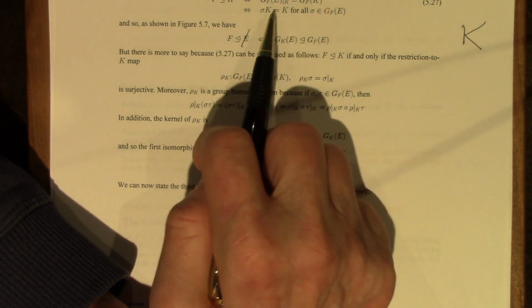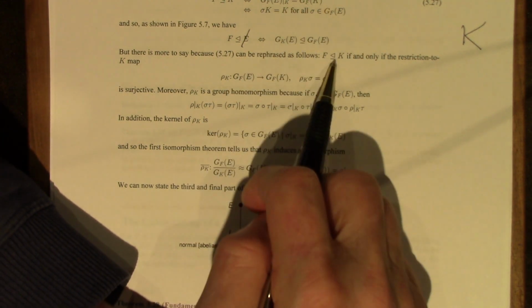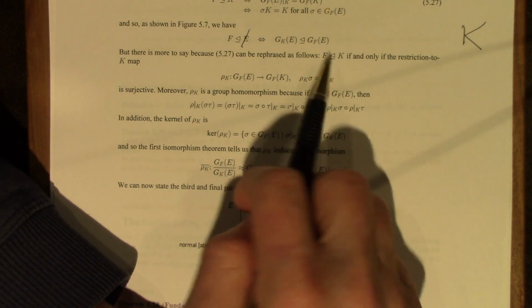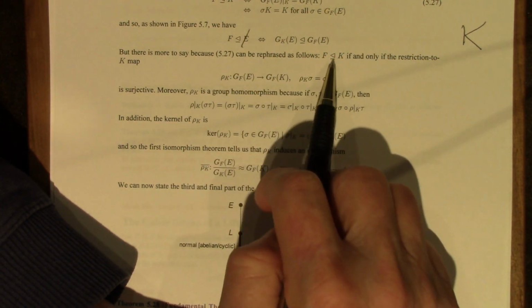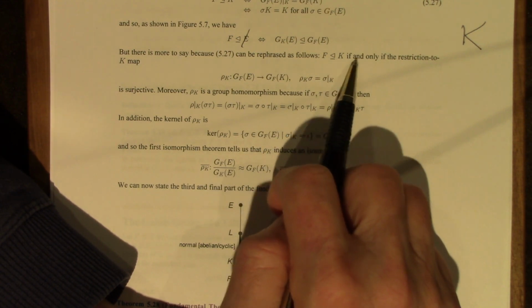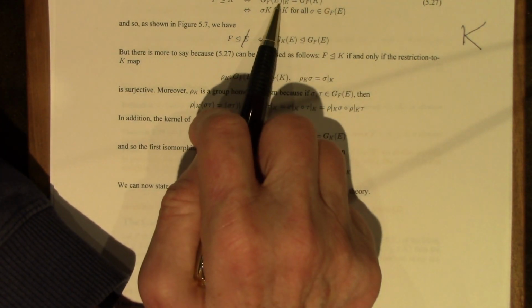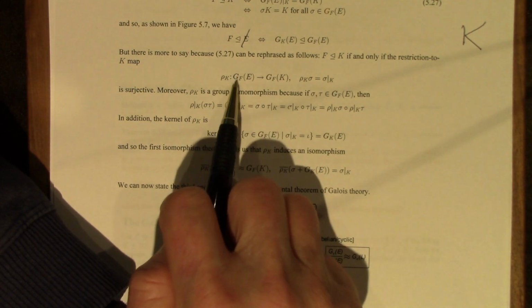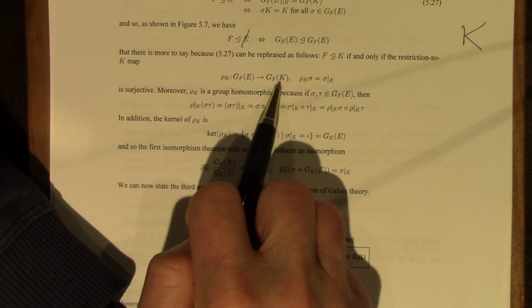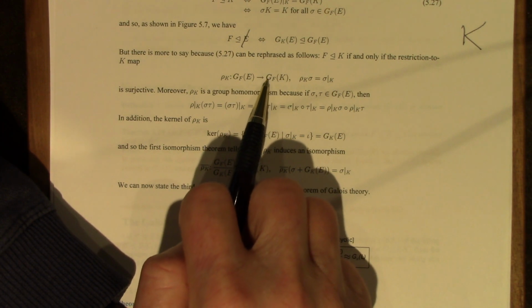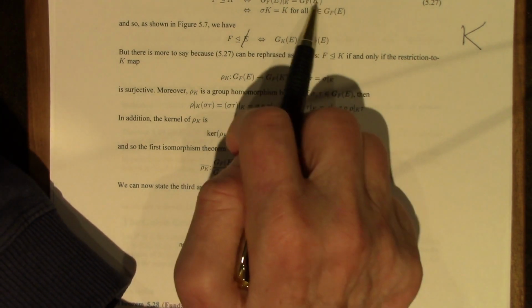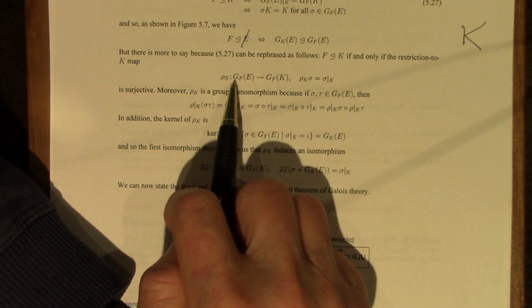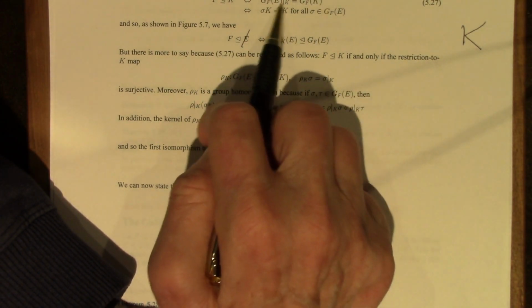Another way to phrase normality here, another way to phrase this part, is that F/K is normal if and only if the restriction map restricting G(F/E) to K, now we are mapping into G(F/K), which is here, that this is a surjective map.